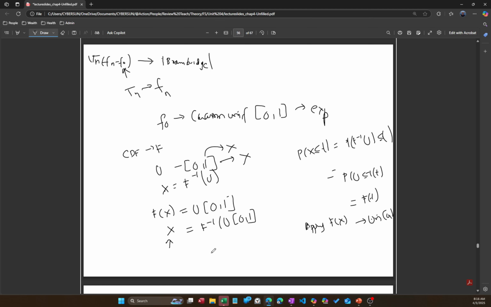Now let's compute the probability that F(X) is at most t, equal to P(X is at most F inverse of t), equal to F of F inverse of t, equal to t. F(X) is uniformly distributed, so F(X) is uniformly distributed on 0 and 1.